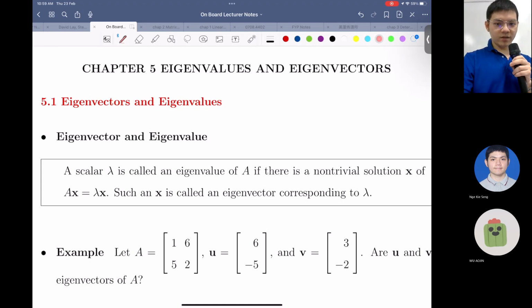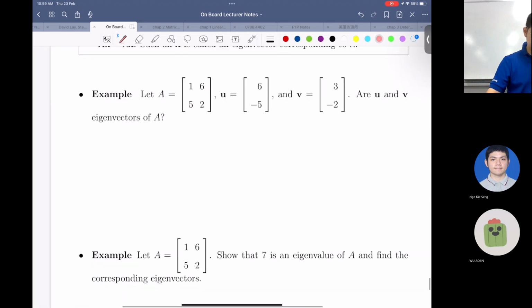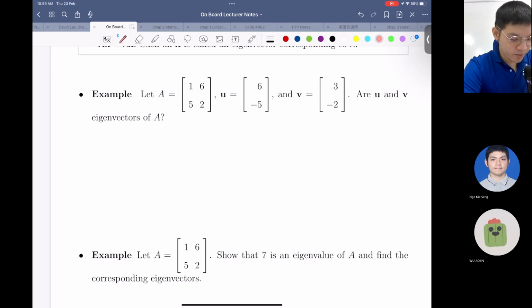Let me see what's next. Let's look at this. Let A be the matrix 1, 6, 5, 2, and U be 6, minus 5, and V equal to 3, minus 2. Are U and V eigenvectors of A?